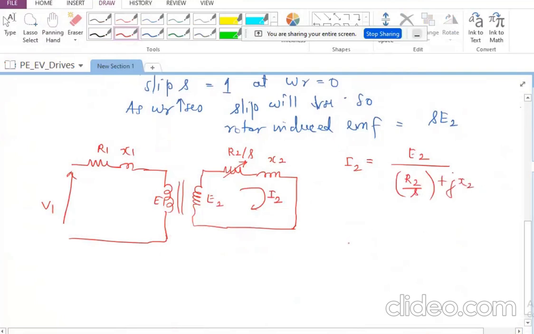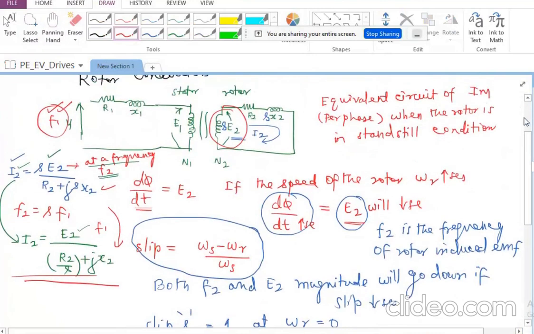Now, if I am looking at what is the kind of power dissipation that takes place in this fictitious resistance? The actual resistance is only R2, but R2 by S I have specified as the resistance with some manipulation that I have done here.